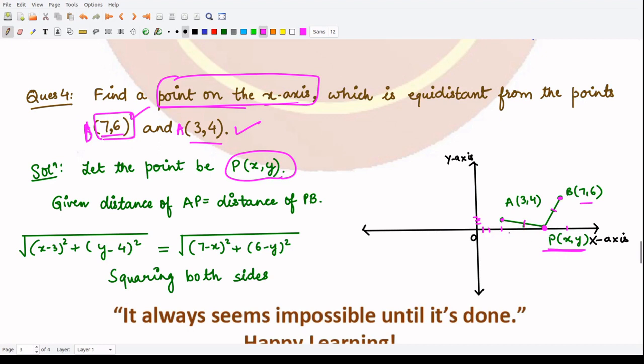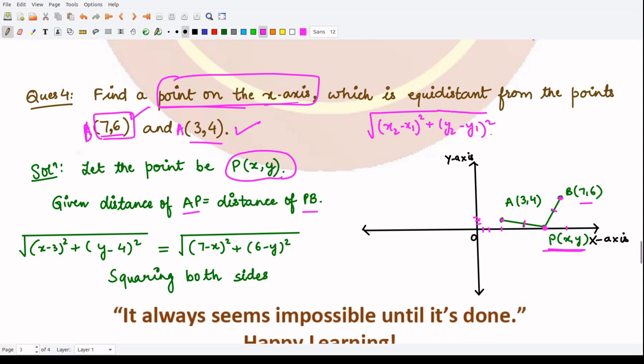So what is the distance? The distance AP is equal to the distance PB, and this is given to us by the distance formula. If we consider the coordinates for the point P as x and y, what is the distance formula? It is the square root of x2 minus x1 whole square plus y2 minus y1 whole square.